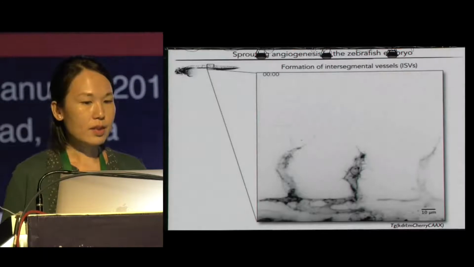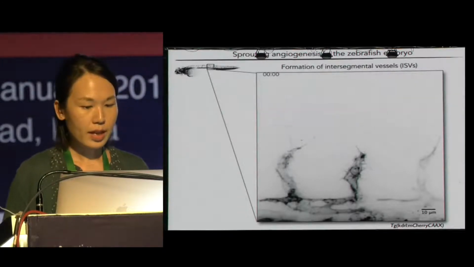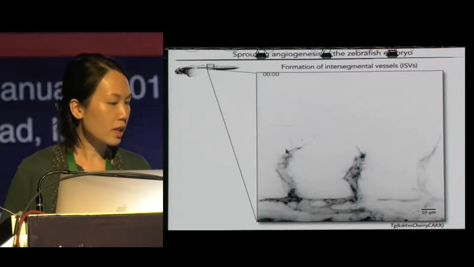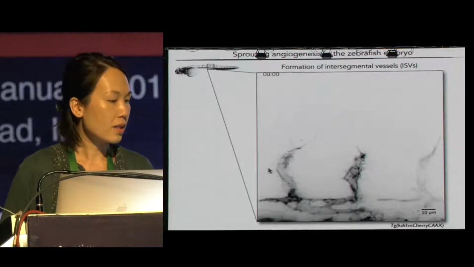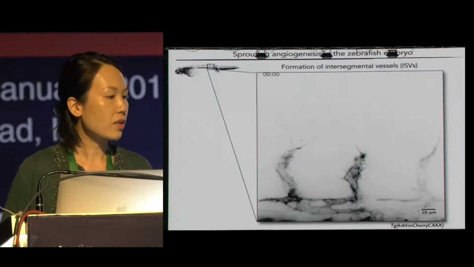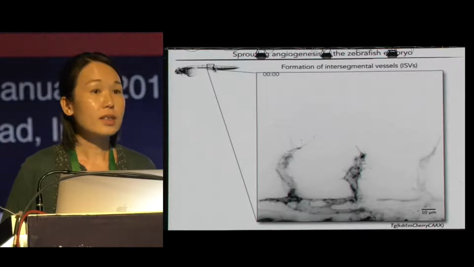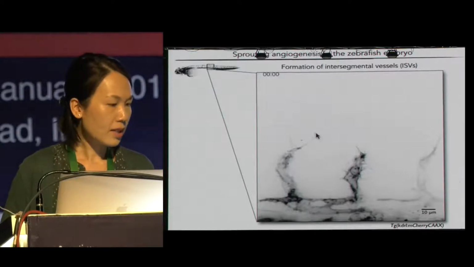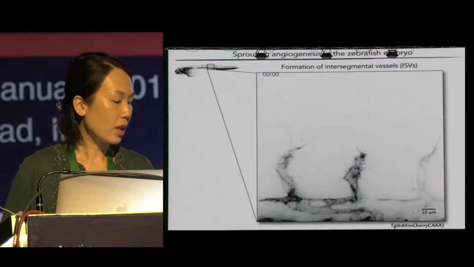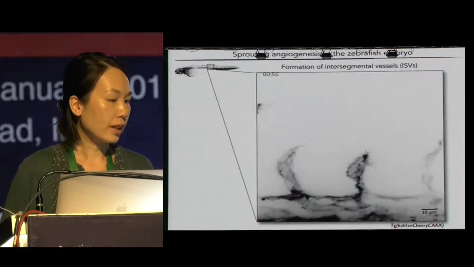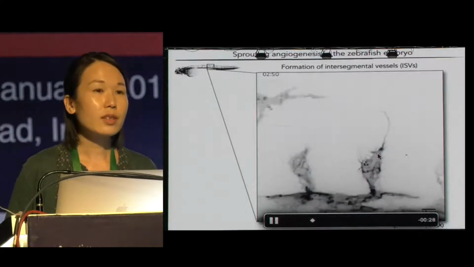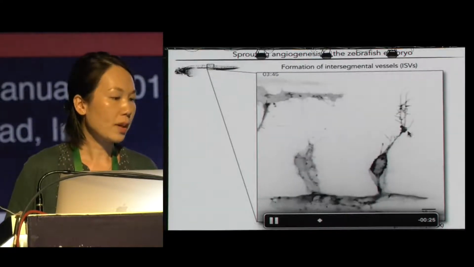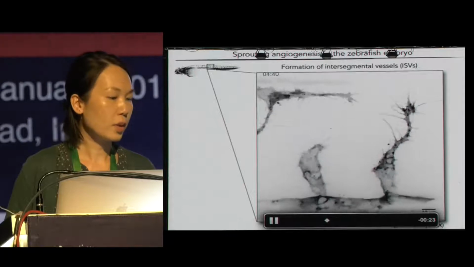My lab uses the zebrafish embryo to study endothelial cell behavior during angiogenesis. This is a movie illustrating the process of sprouting angiogenesis, which is required to form intersegmental vessels at the zebrafish trunk. In this movie, endothelial cells are labeled with membrane mCherry, and you can see how dynamic the endothelial cell membrane is during migration, where it forms many filopodia.